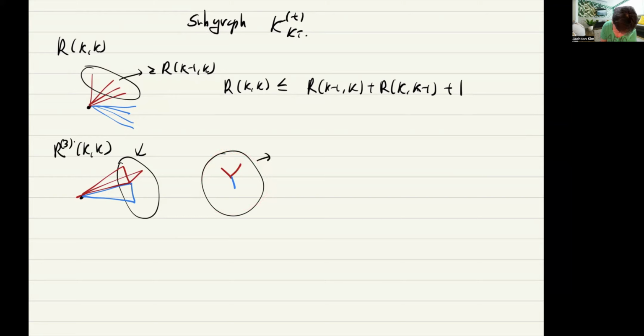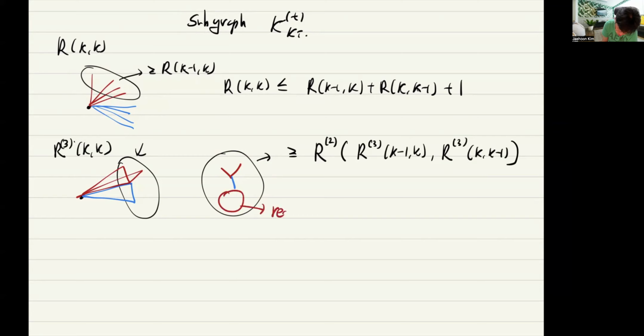And if this size is bigger than, say, the two-uniform Ramsey number of, say, R^(3) of (k-1, k) and R^(3) of (k, k-1), then you could find a clique of size at least this.